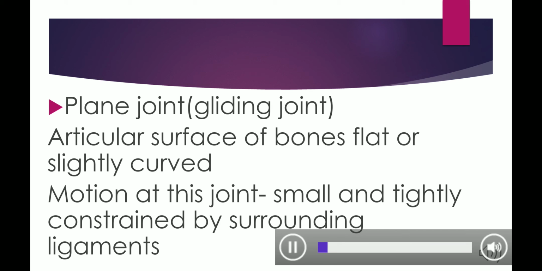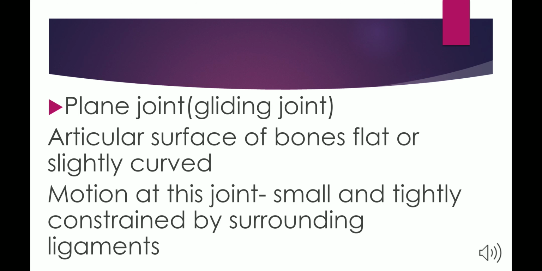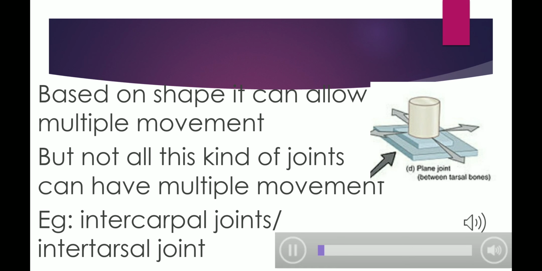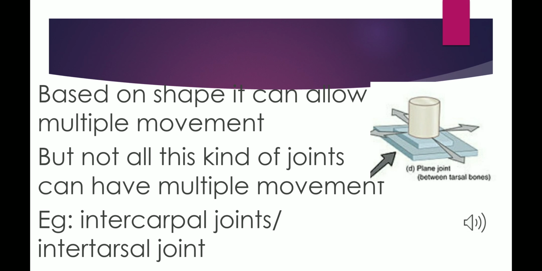So the next one is the plane joint. It is also called a gliding joint. In a gliding joint, the articular surface is either flat or slightly curved, and the motion at this joint is small or tightly constrained by the surrounding ligaments.